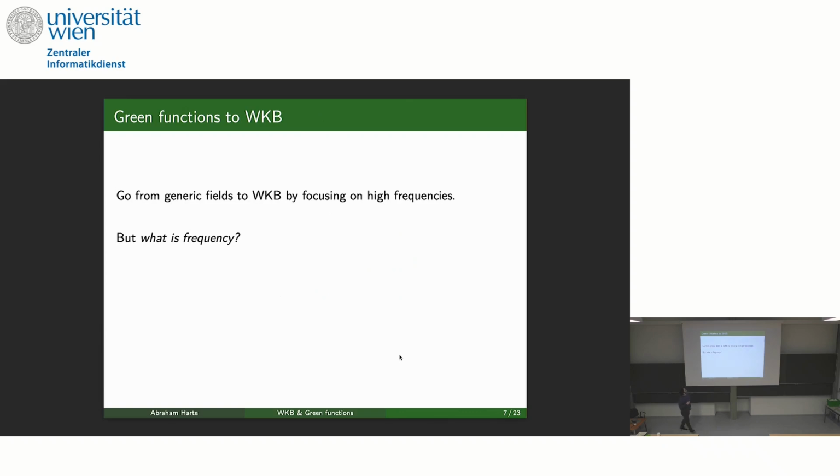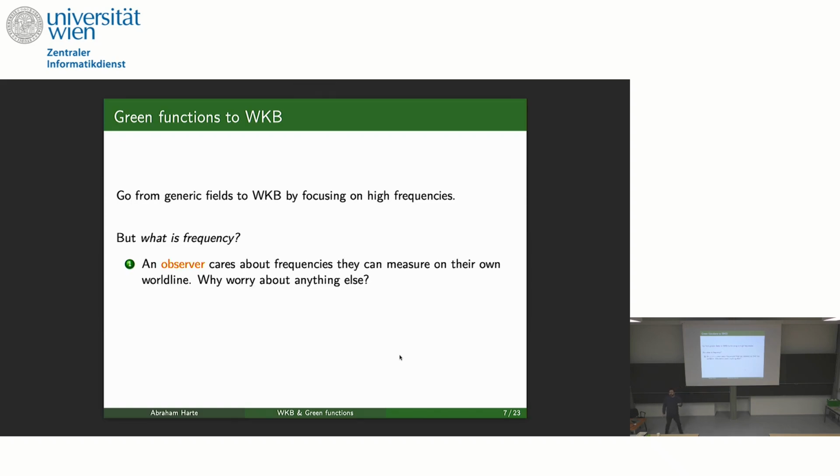So let's say that we want to try to derive this WKB ansatz in however form it comes about. We want to do this at high frequencies, but we have to ask, what is a frequency? The usual way of doing this, or the simplest naive way, is let's say you're in a flat background and you can Fourier transform with respect to a time coordinate or something like this.